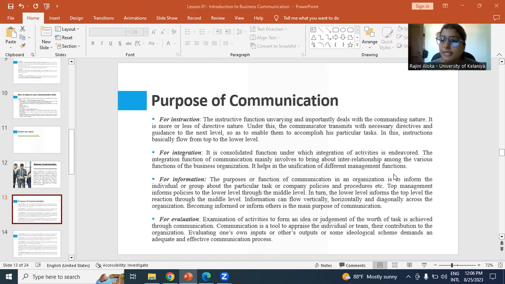So, integration. I checked the singular word so you can understand better. It says anukalanaya. Okay.